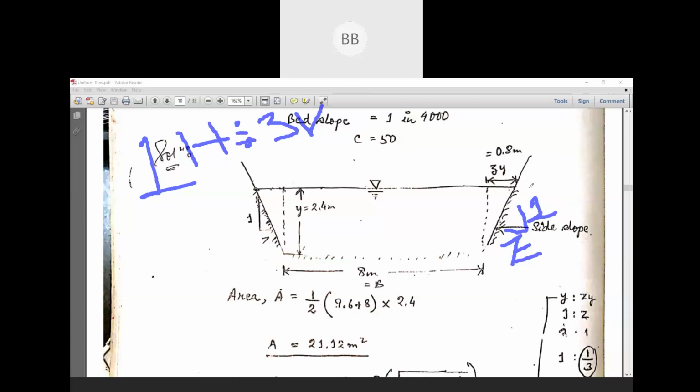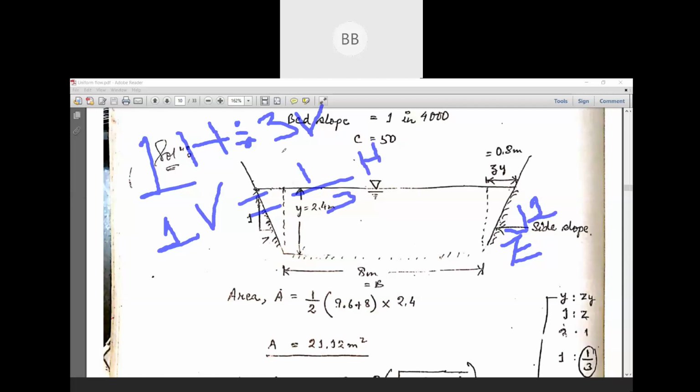But here we are going to do this the reverse way. If 3 vertical is equal to 1 horizontal, then one vertical will be 1 by 3 horizontal.